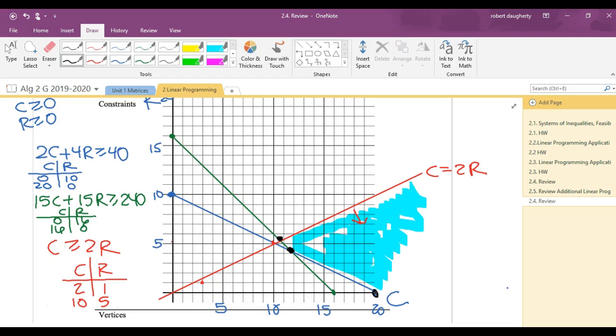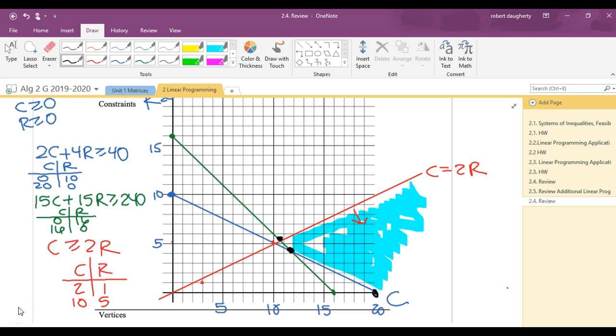So where the green and the red intersect, and then where the blue and the green intersect. Okay, so let's figure this out.